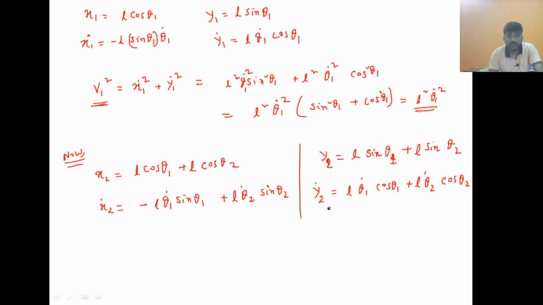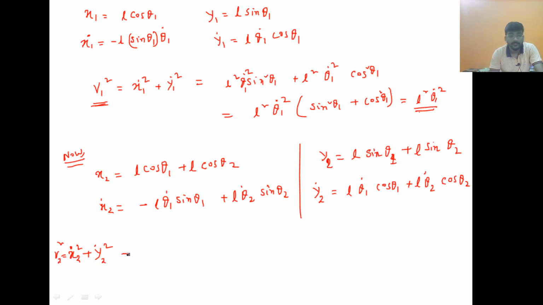So what will be x2 dot square plus y2 dot square? Okay, so let us find x2 dot square plus y2 dot square, that will be v2 square.